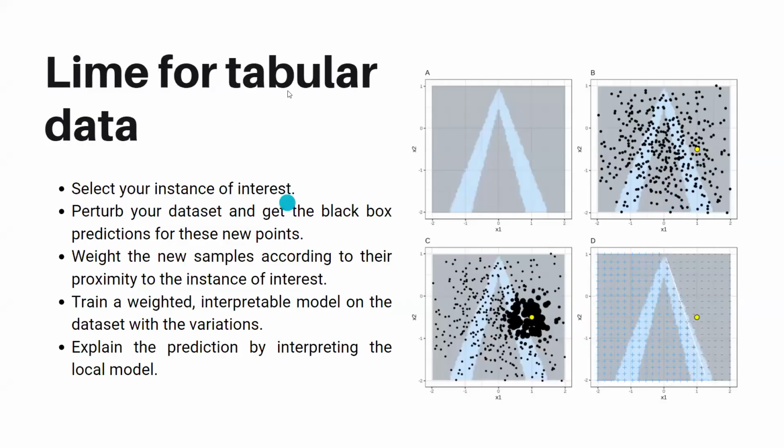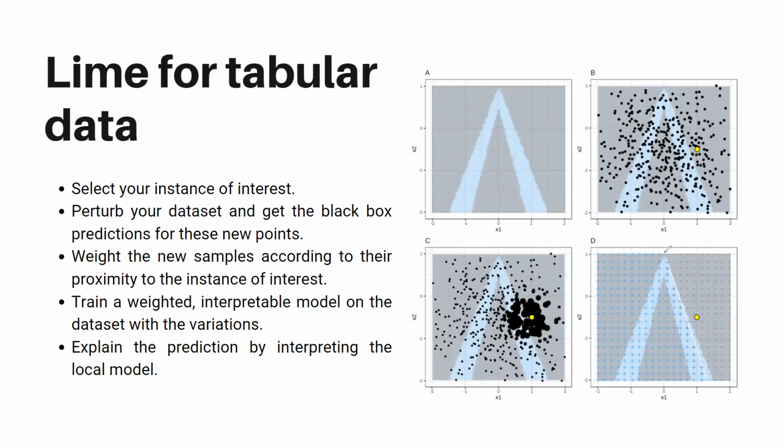Let's continue. The steps are pretty simple. We select the instance of interest. Let's say this is the point that interests us for classification, and we would like to understand why the model classified it as a gray point or something else. The second step is to perturb: play around with the data set and get the black box predictions for these new samples.